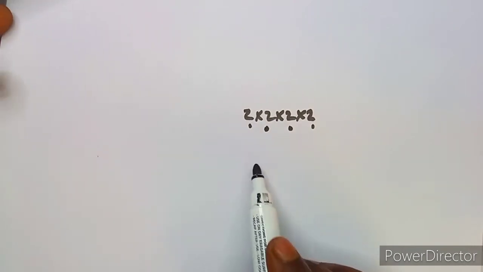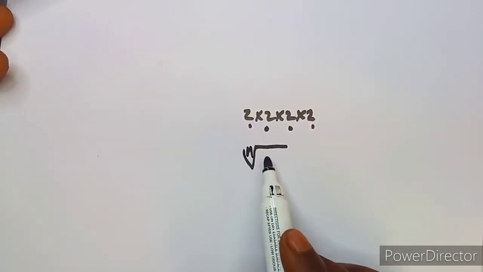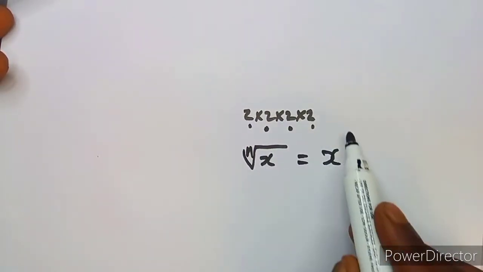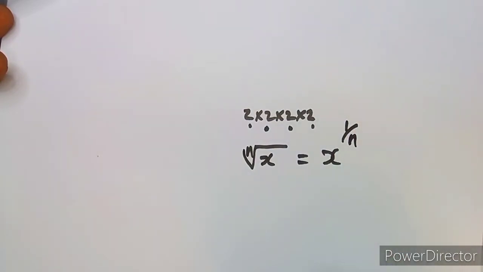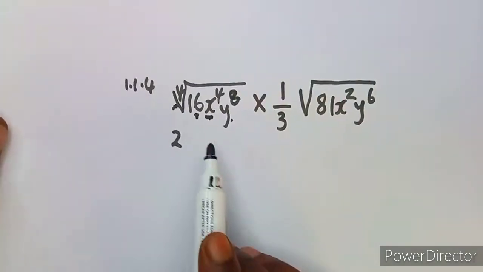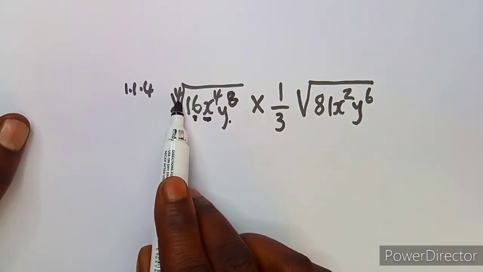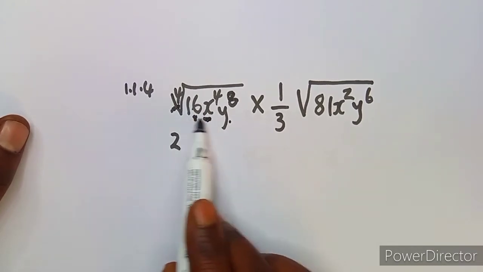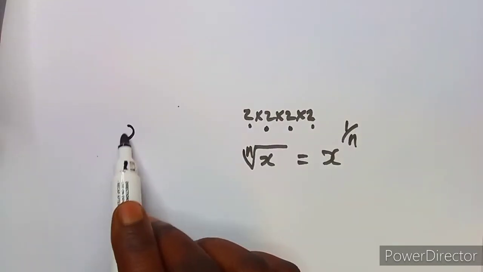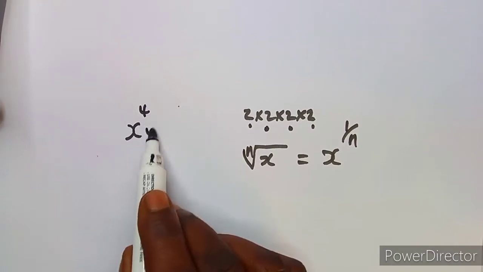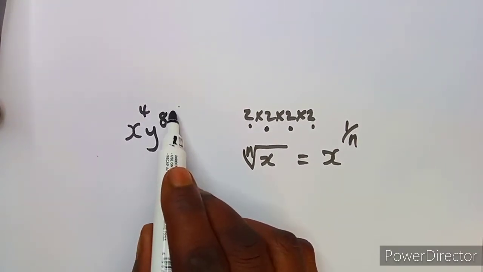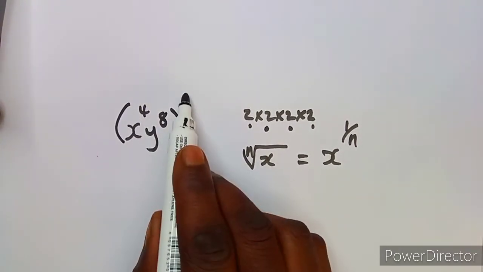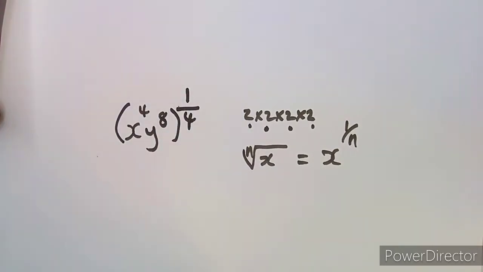Remember that when you are given the nth root of x, it means x to the exponent of 1 over n. In this case, what you're given is the fourth root of this part. So this x here actually means everything, x to the exponent of 4, y to the exponent of 8, and everything is being raised to the exponent of 1 over 4.